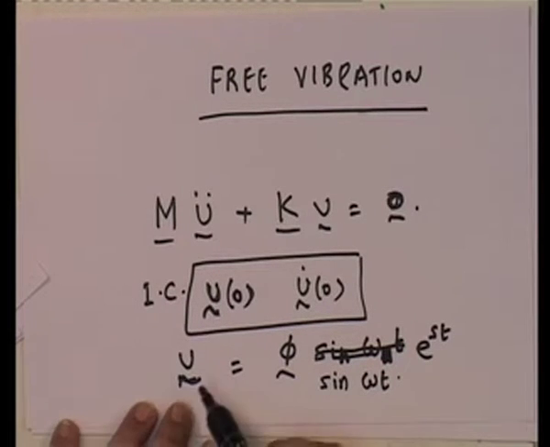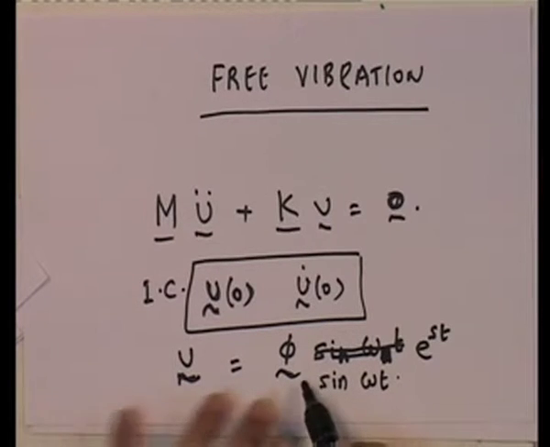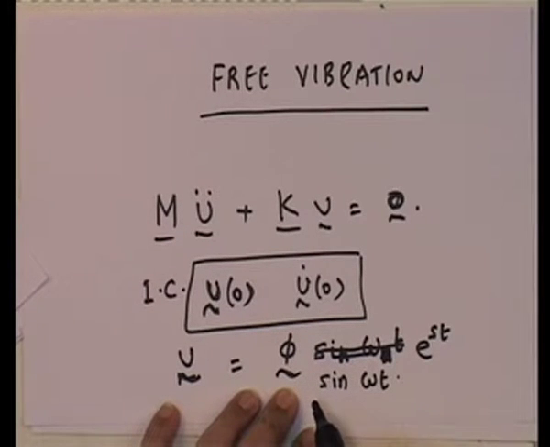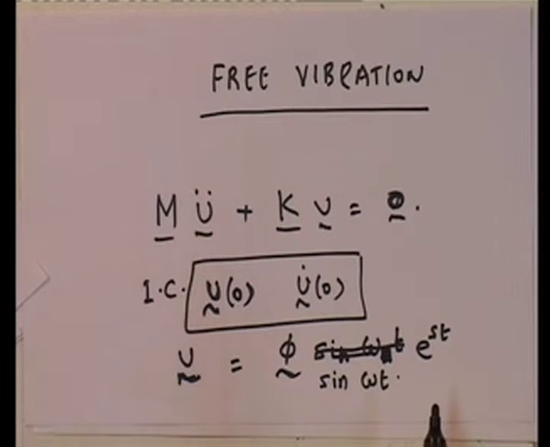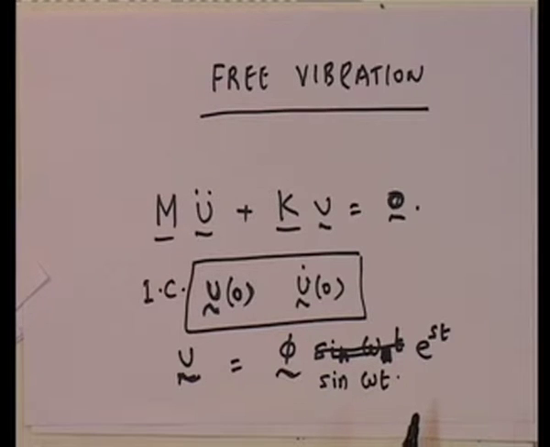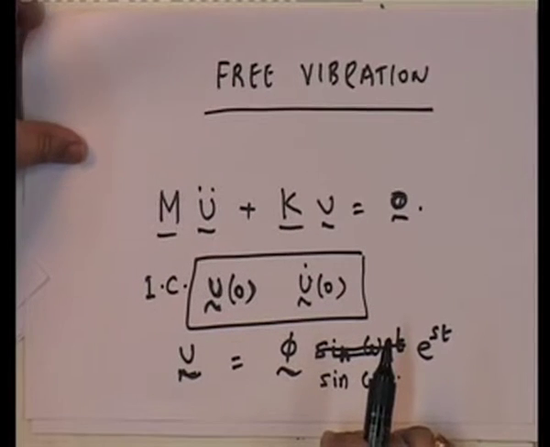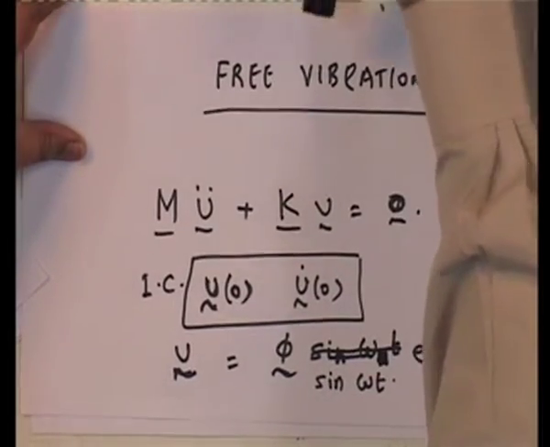The only thing it says is that for this to be solved, V has to be of this form, where phi is the amplitudes of displacements at every point. So, if I substitute this into the equation, I get the following.